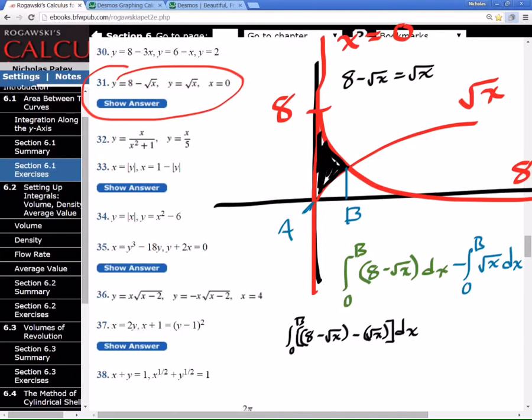When I do this, I get 2 square root of x equals 8. So what I did is I added square root of x to both sides. Then I divide both sides by 2, so I get 4 equals square root of x. Now, what would I have to take the square root of to give me a 4? 16. If I square both sides, I get x equals 16.